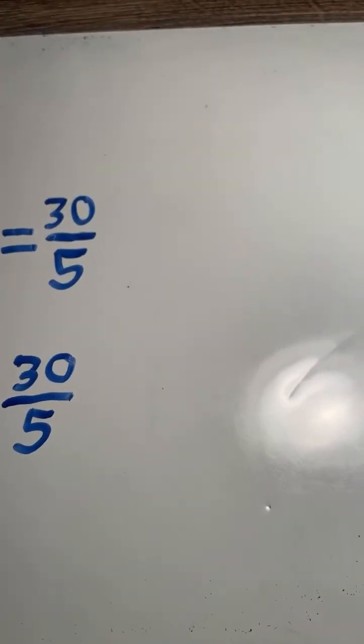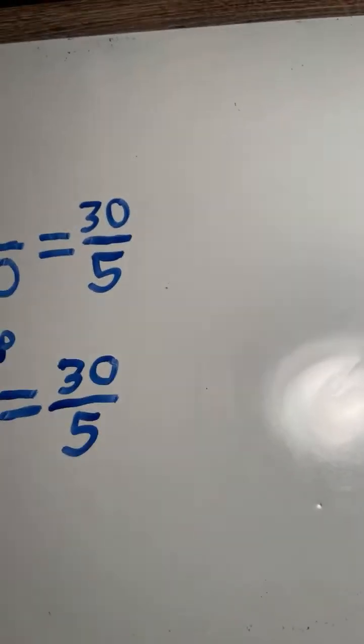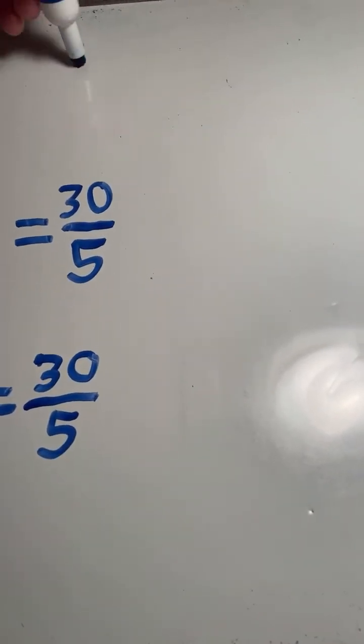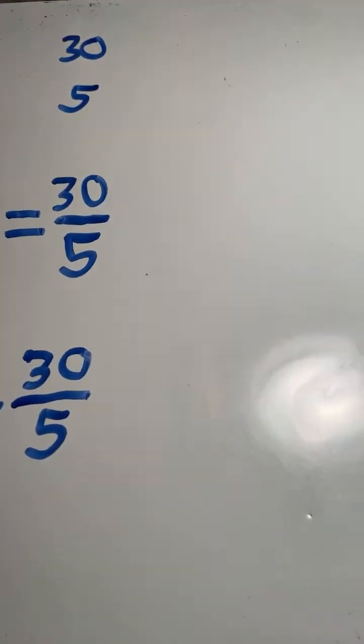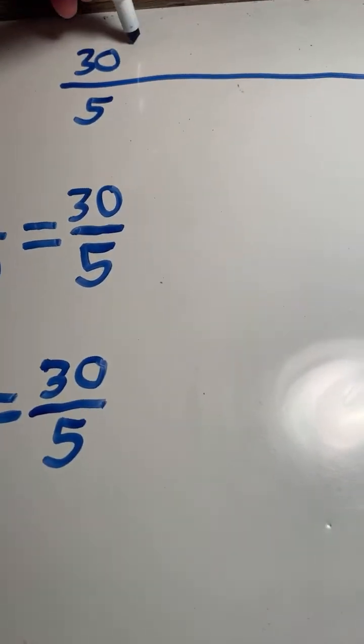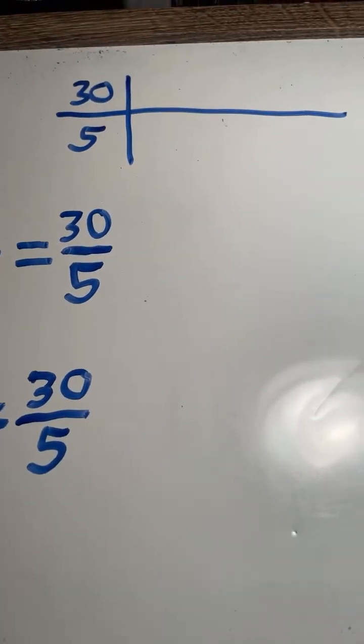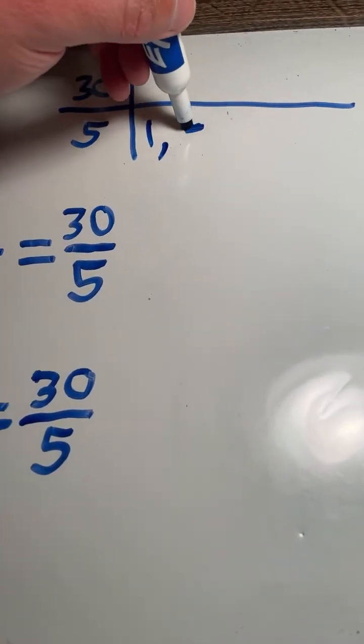So again, to reduce a fraction to lowest terms, we've got to find the greatest common factor between the numerator and the denominator. So the greatest common factor between 30 and 5. Our factors of 5 are 1 and 5.